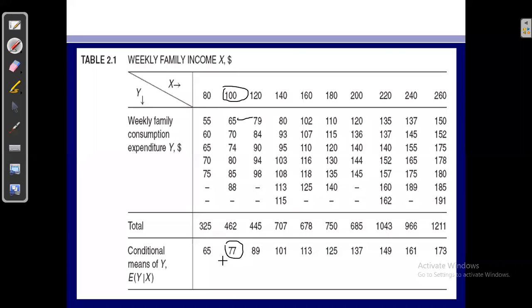If you obtain the difference of each of these 6 numbers from the conditional mean 77, you will get 6 different values of the disturbance term, right? So these 6 y values will be replaced by ui corresponding to x equal to 100.